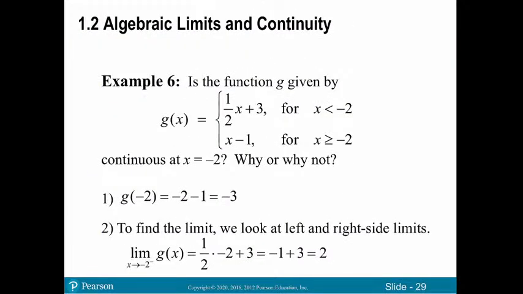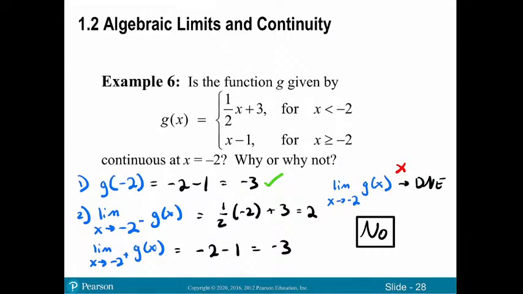So let's compare this to the typed portion. Is the function given by this continuous at -2? So you see where they defined it. They showed that it existed when x was equal to -2. To find the limit, we look at the left and right side limits. As we come from the left, we get 2. Let me make sure that I get that same thing. Yeah. Coming from the left, we get 2, right?